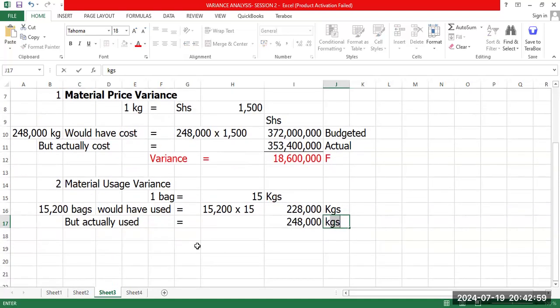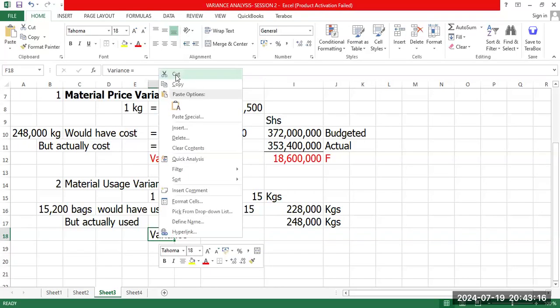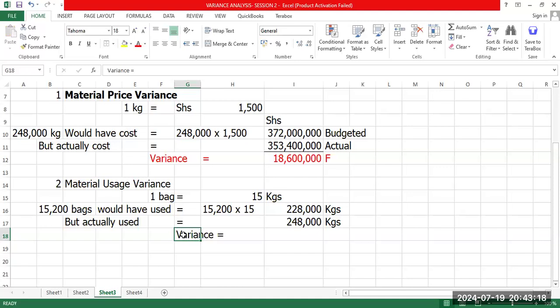So the question is, in terms of usage, are they efficient? The variance that is there, is it favorable or adverse? Adverse. This is like the budget, this is like actual.